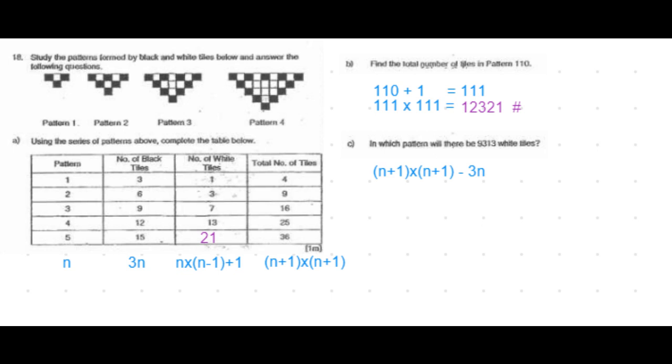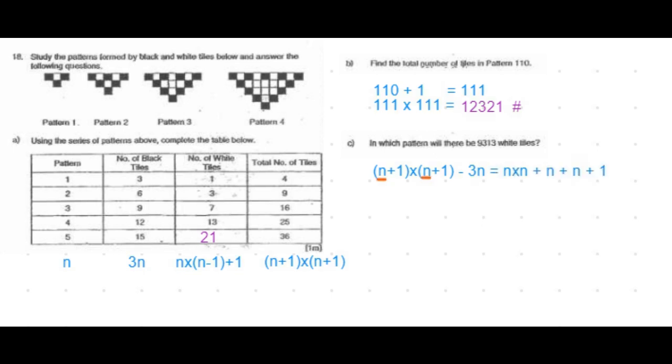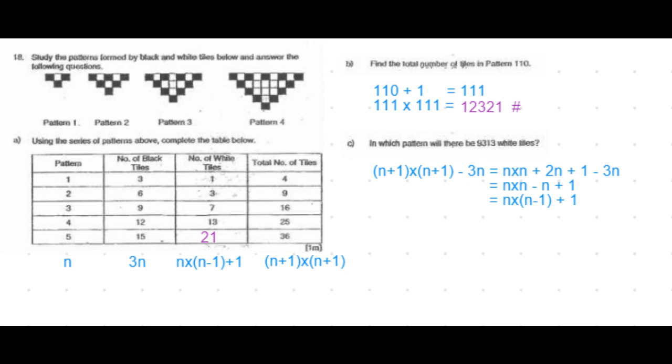N plus 1 times n plus 1 is n times n, plus there is n times 1, plus there is one more 1 times n, plus 1 times 1 is 1, minus the 3n, which is equal to n times n plus 2n plus 1 minus 3n. So that's n times n minus n plus 1. So that can be written as n times n minus 1 plus 1, which is basically the figure number multiplied by 1 less than that, plus 1.